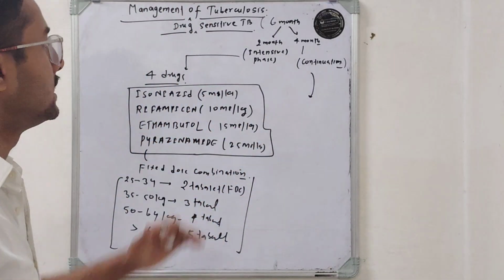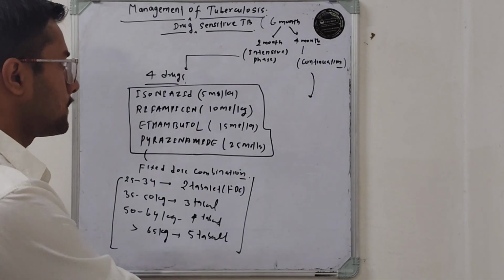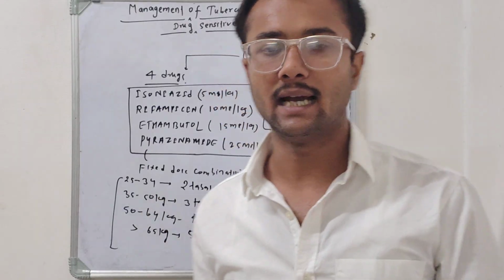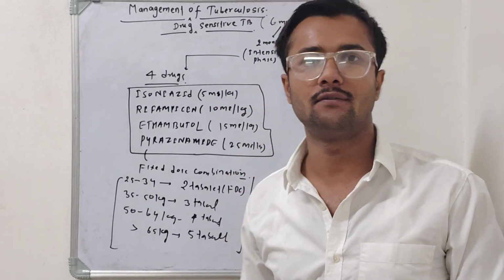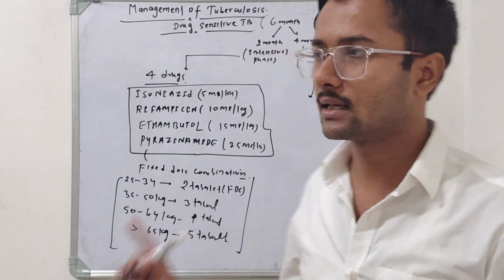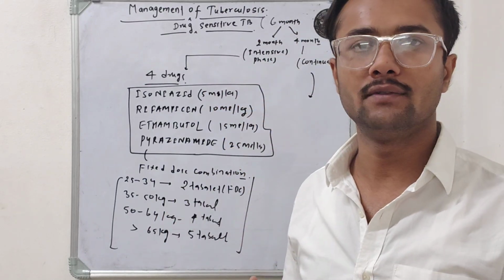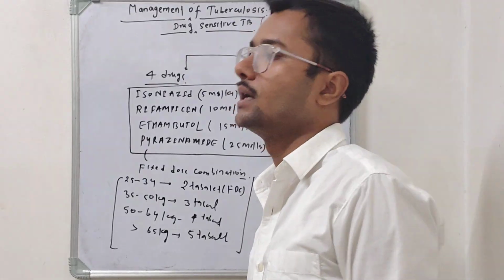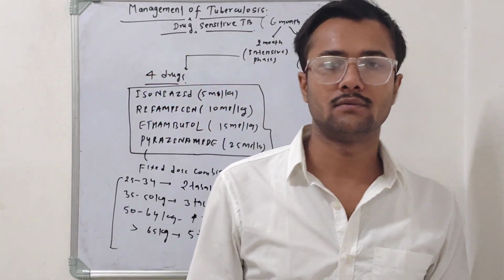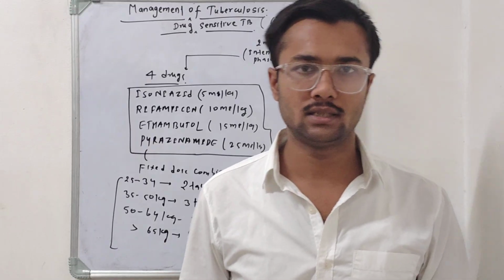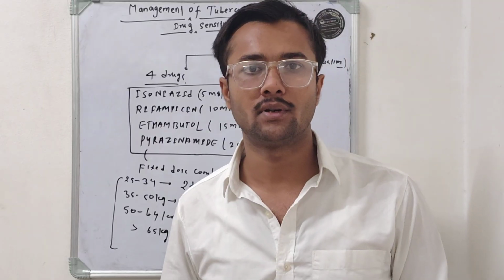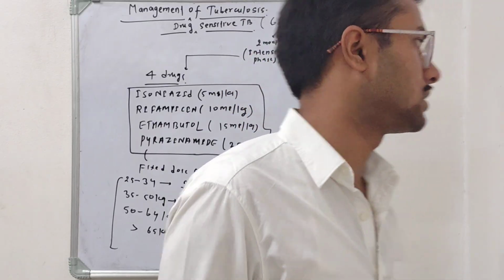In the continuation phase, most of the bacteria are already killed in the intensive phase, so there is less bacterial load. That's why we reduce the number of drugs. According to the WHO, they prefer only 2 drugs, isoniazid and rifampicin. But in India, according to the National TB Elimination Program, we prefer 3 drugs.